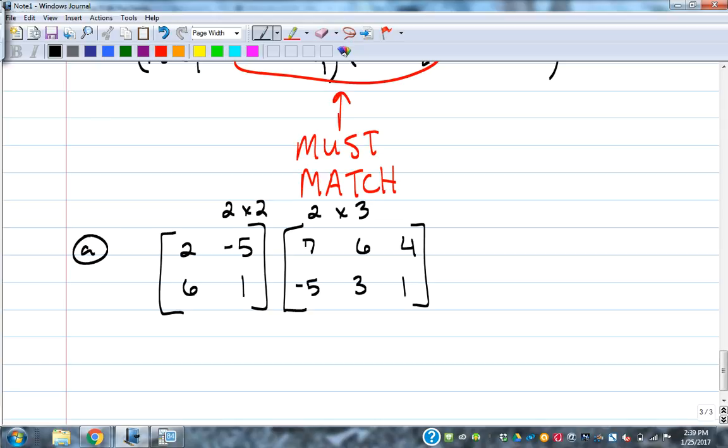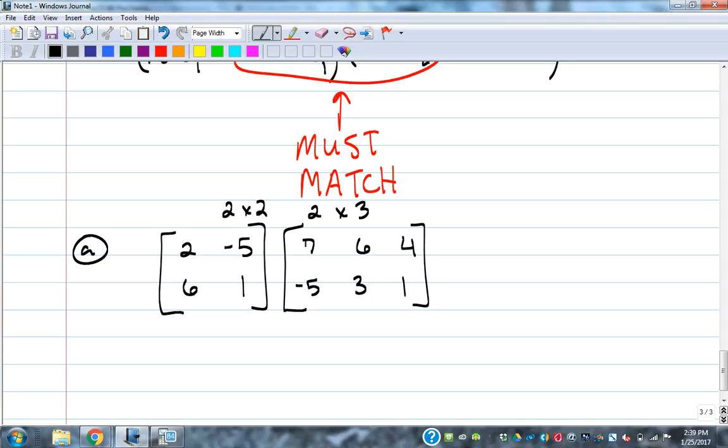Matrix multiplication, I use the calculator for. I can show you how to do it without the calculator, but kind of like Kelly said, when am I going to use this in life? Probably never. So you're probably not going to have to know how to do this without the calculator. Ever. Okay?